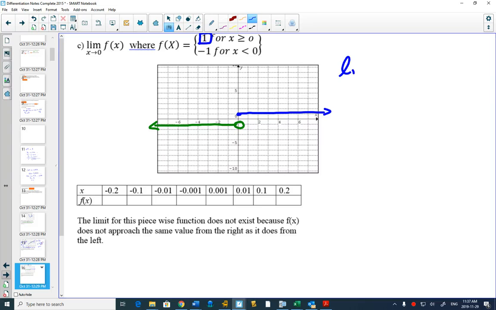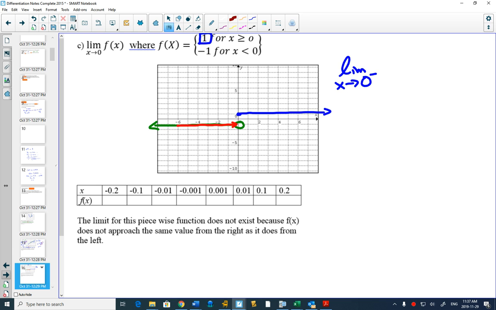I'm going to introduce you to some new notation. The limit as x goes to 0 from the left-hand side. So we write a little tiny negative above the 0. That means you're coming to 0 from the left. That's like this. I'm going to 0 from the left.